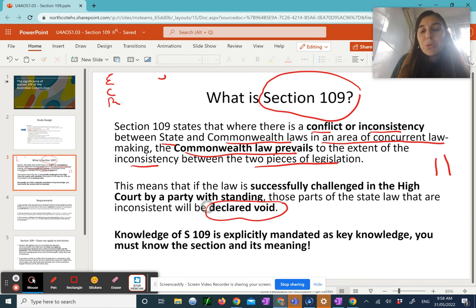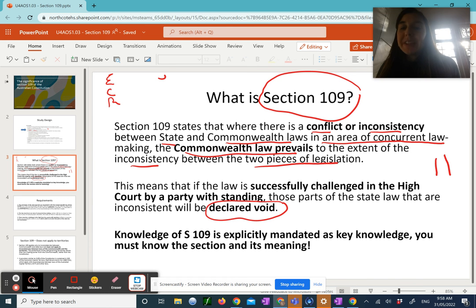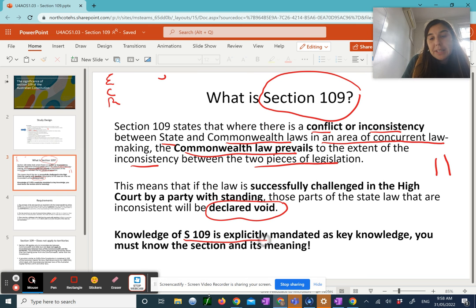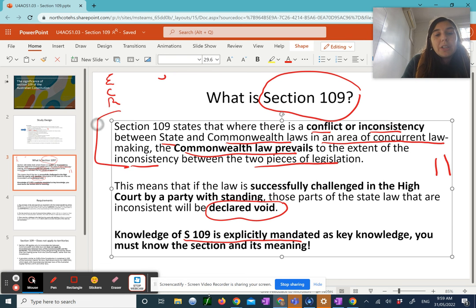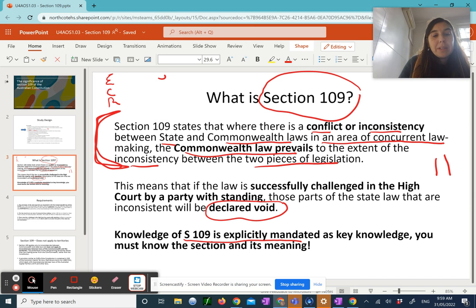Federal law will rule over state law. So Section 109 is only invoked if it's taken to court. Otherwise, the laws can exist side by side. Section 109 is explicitly mandated in the study design, so make sure you know this section and are able to explain it.